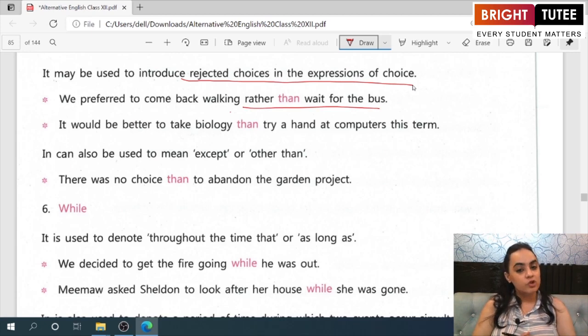So what was the choice that you took? Preferred to come back walking. And what was the choice you rejected? Waiting for the bus. It would be better to take biology than try a hand at computers this term. So what is the option that you have chosen? Taking biology. And what have you foregone? Trying computers at this time.